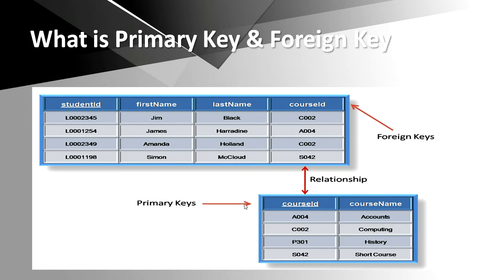It has to be the primary key. Then automatically in the second table it will become the foreign key constraint. So once we apply the foreign key constraint, both the tables will be linked. This is called the referential integrity constraint.